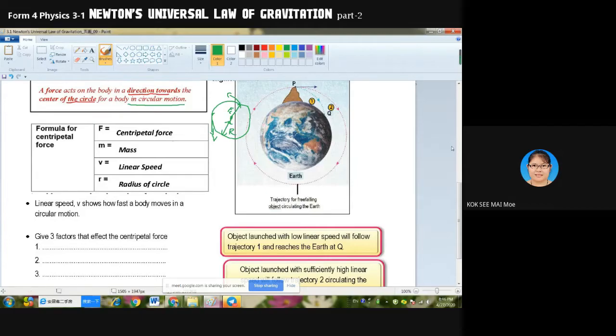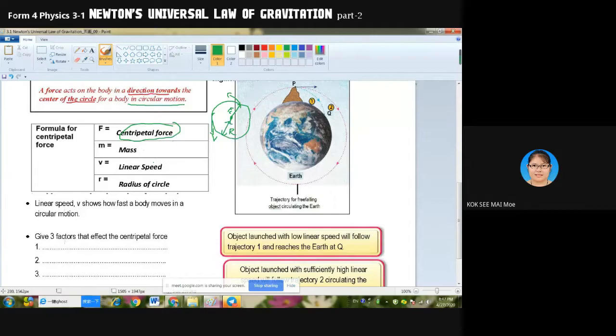Can you see my formula here? I show you so many things here: F, M, V, and R. Now I want to know what will affect F. Do the other 3 things affect F? Yes. We don't say about mass bigger or smaller first. We just say what factors will affect the force.